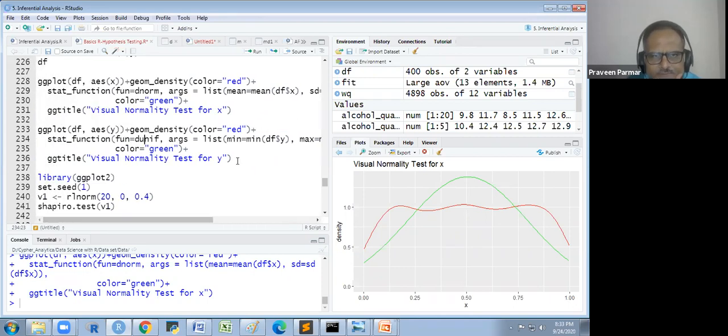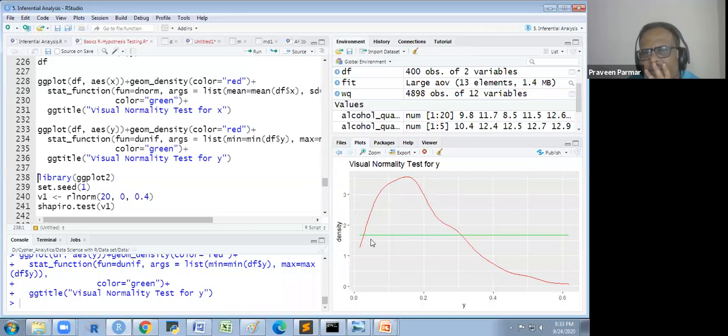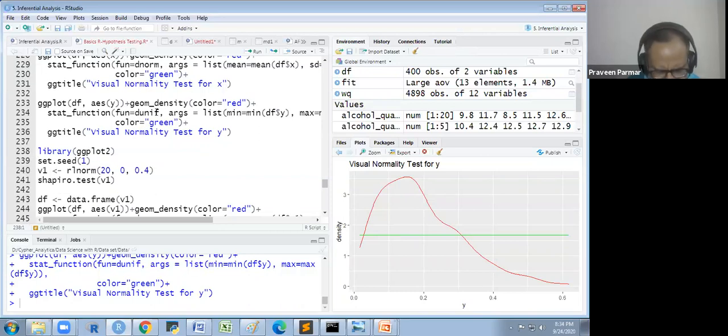Okay. So this is my actual and this is my uniform. This is not compulsory, but I have just used it.